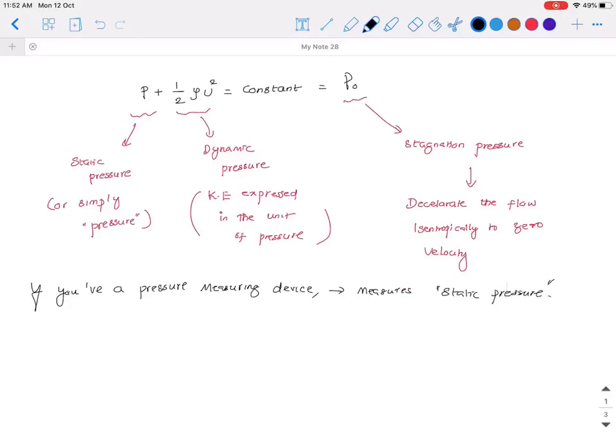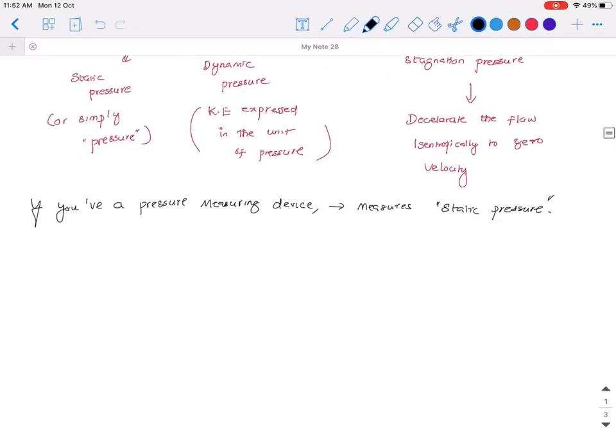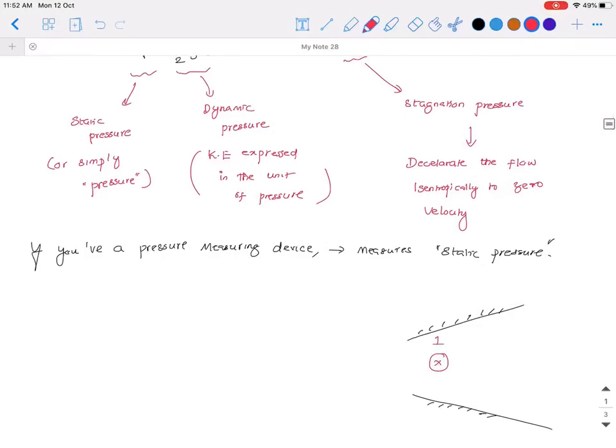Let's say I am considering flow in a diffuser, and at this point I keep a pressure probe. If I measure pressure using the probe, I will get static pressure. The flowing fluid has static pressure as well as dynamic pressure associated with the kinetic energy.